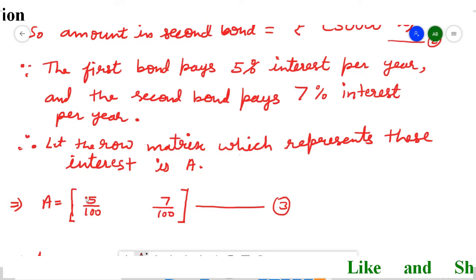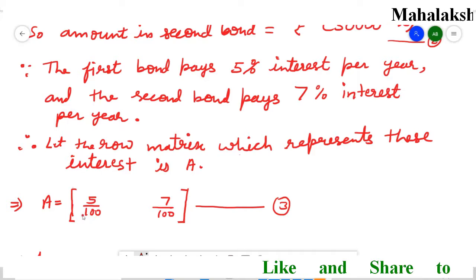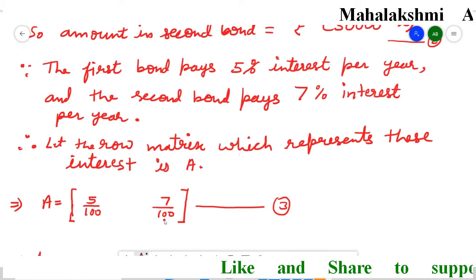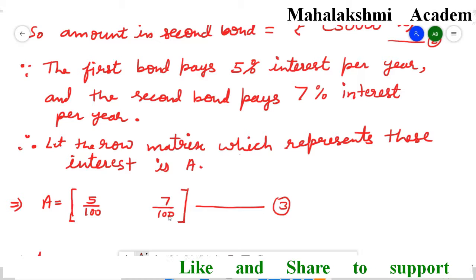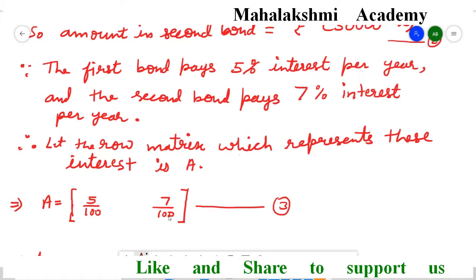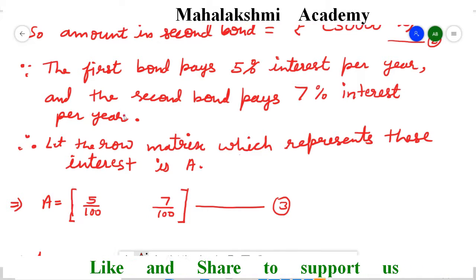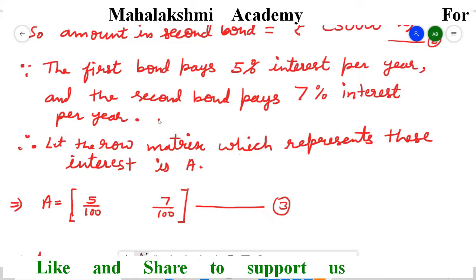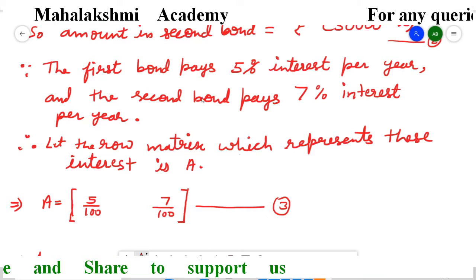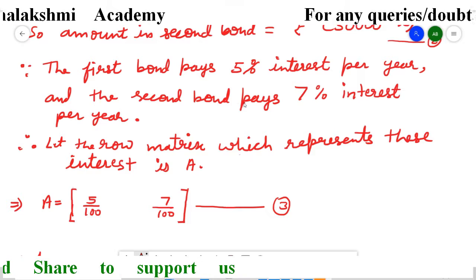So A equals 5%. 5% means 5 upon 100, which is the interest on the first bond, and 7 upon 100 is the interest on the second bond. I hope it is clear to you. Firstly I wrote these lines from the question, and these are theoretical statements.